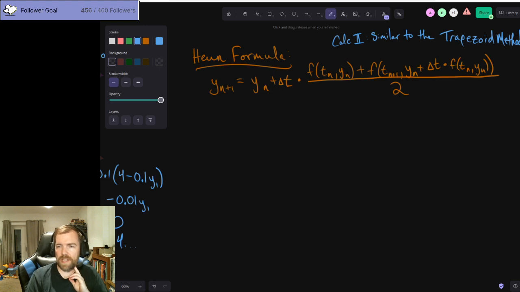Well, here we're taking the average of two particular slopes, two particular function values, and then using that as part of... in this case, it's not a summation that we're doing. It's going to be trying to find a stepped differential equation slope.